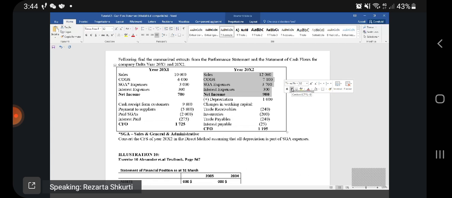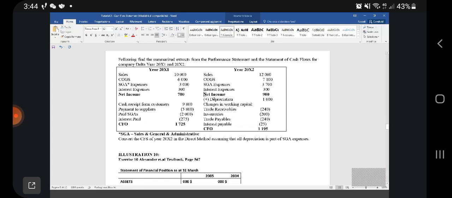Whereas the preparation of the cash flow statement follows what method in the second year? Indirect. We start with the net income, we have depreciation, and then we consider the changes in the working capital items. This seems like the indirect method to me.